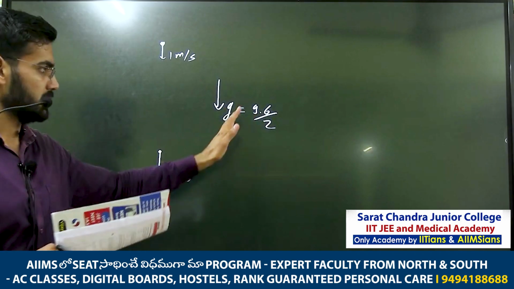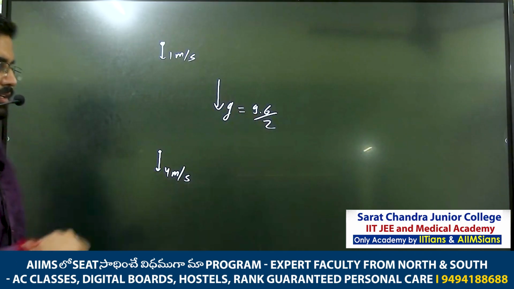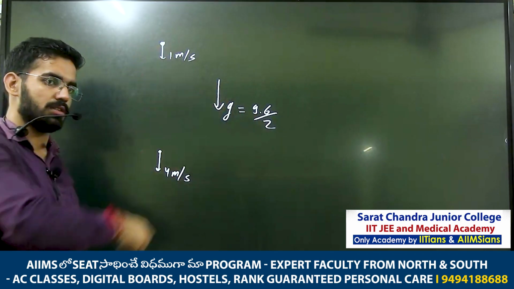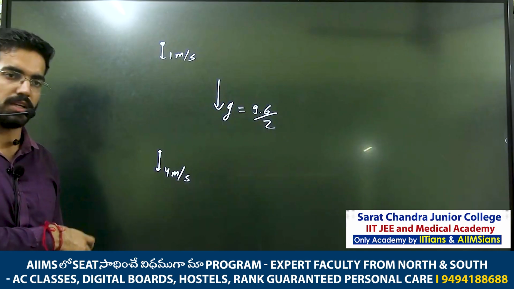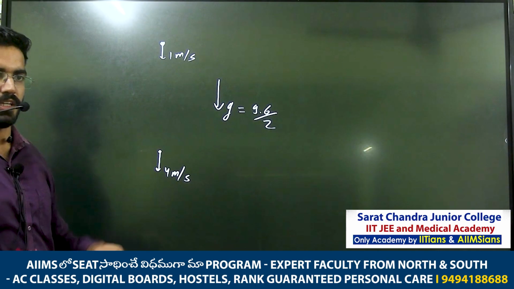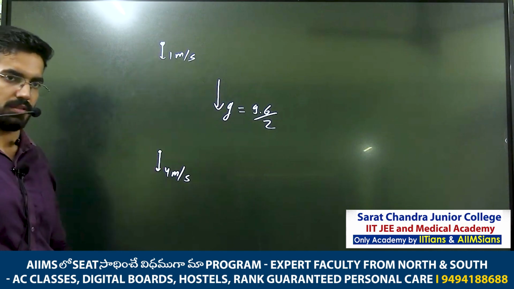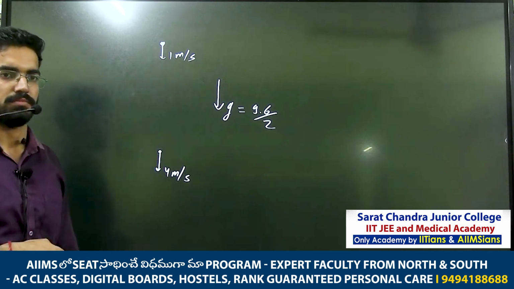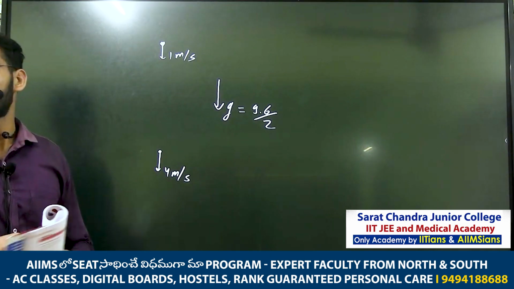I don't know exactly. So acceleration, initial velocity and final velocity are known, and the acceleration is constant. So which equation of motion will we apply? Three quantities we know: v, u, a. So apply.